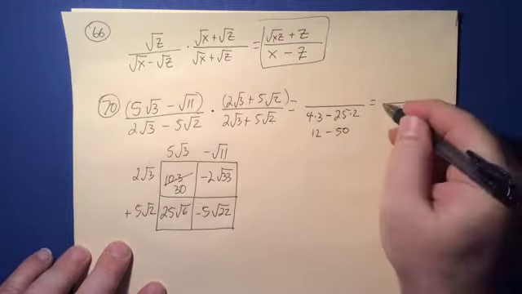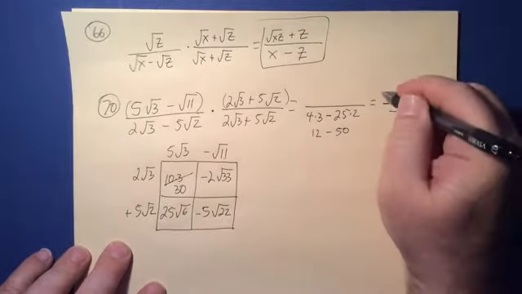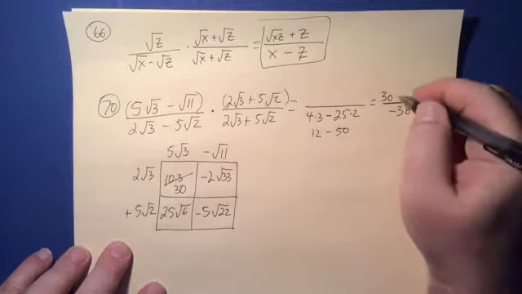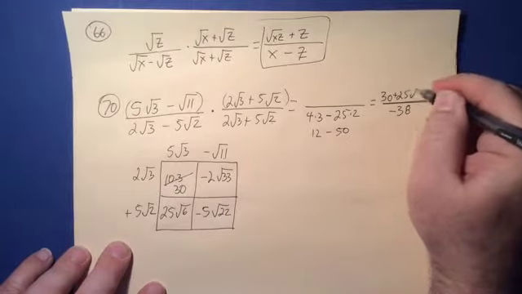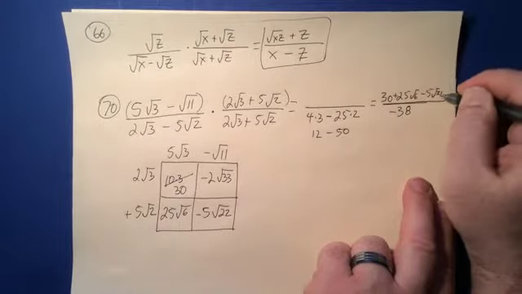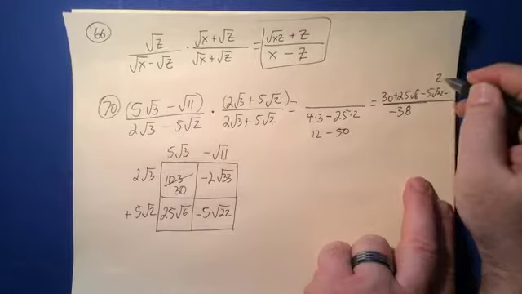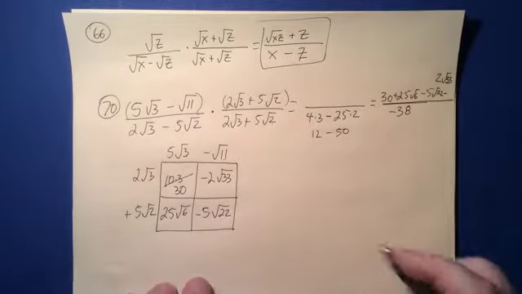So we'll put that here since nothing is going to combine together. This would be 30 plus 25 radical 6 minus 5 radical 22 minus 2 radical 33. So I'll write that one more time.